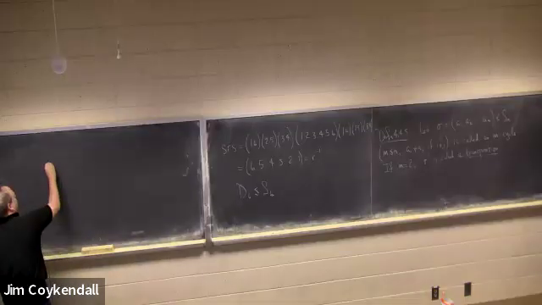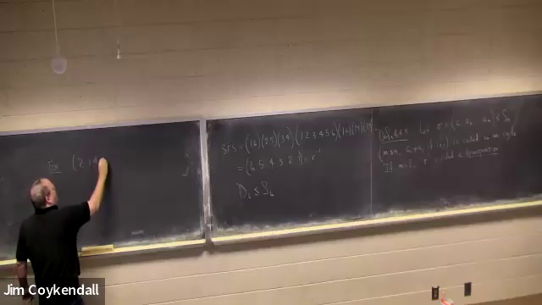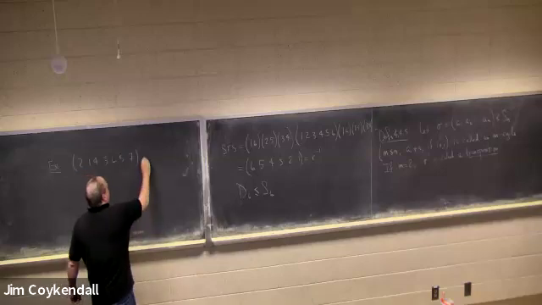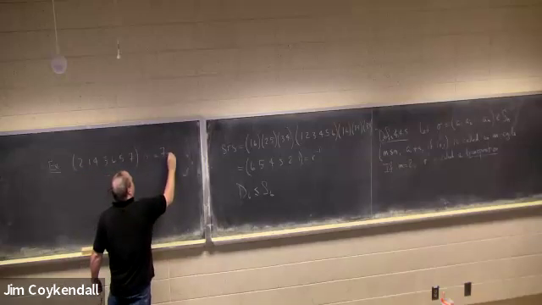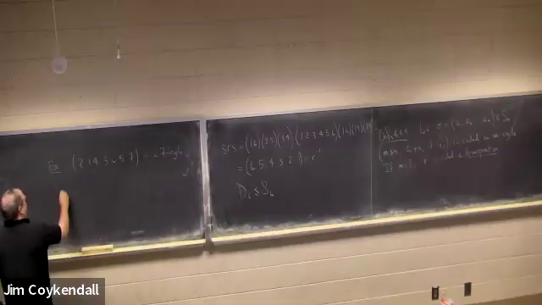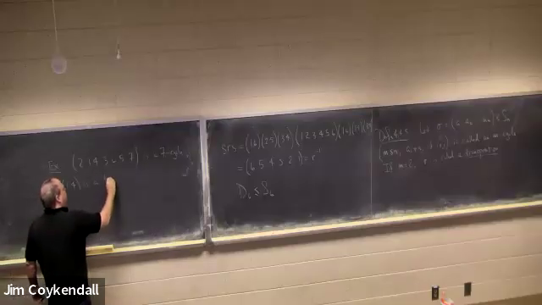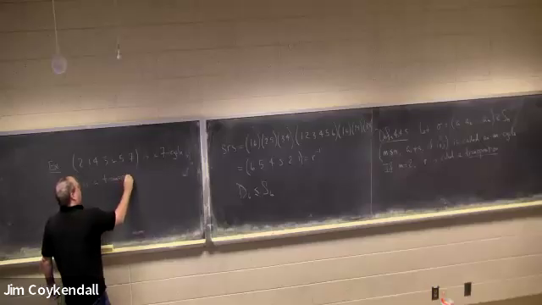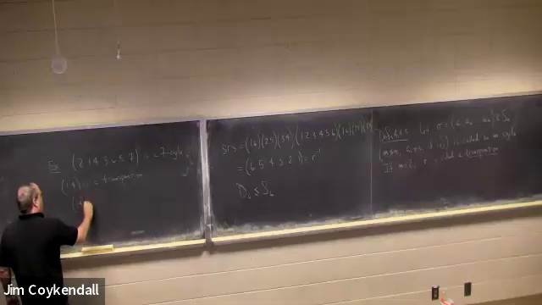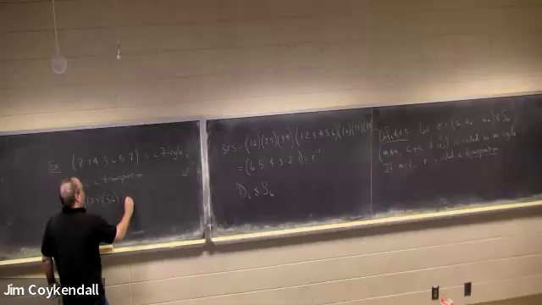So for example, (2, 1, 4, 3, 6, 5, 7) is a 7-cycle. (1, 4) is a transposition. (1, 4)(2, 3)(5, 6) is neither.